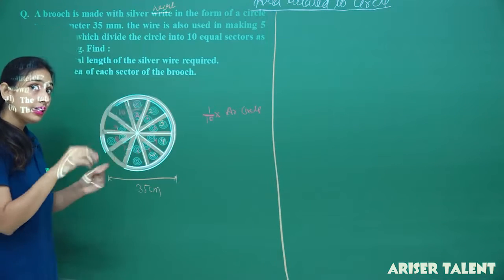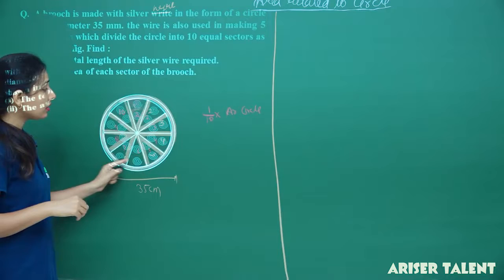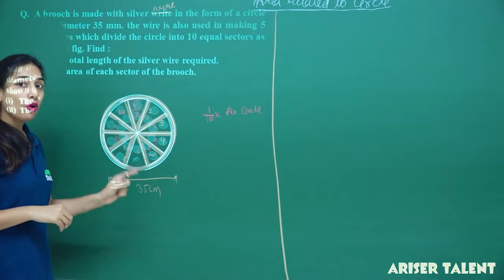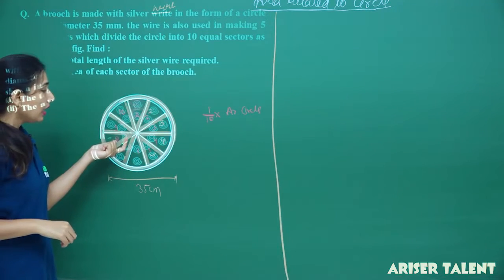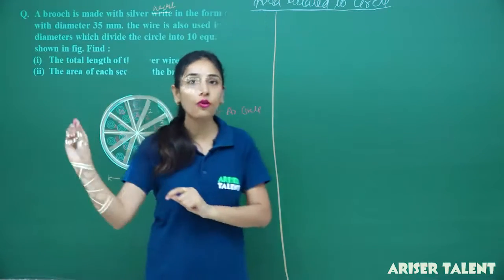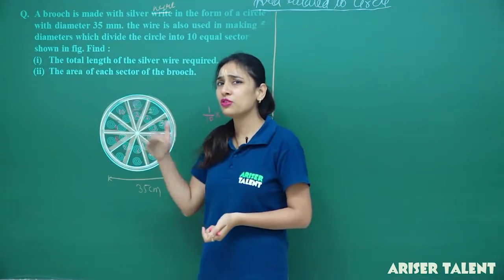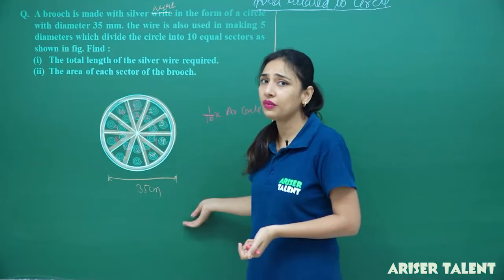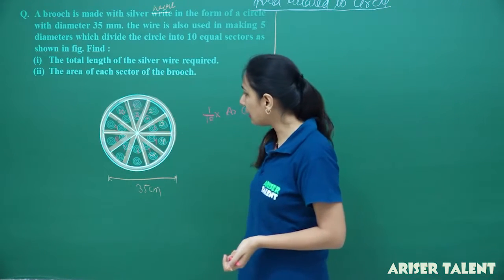And all the areas of these sectors will be equal. So can I just use this formula? Basically, I have another formula, but in this case this is simple, so why go to that process? We have a simple process here, so we'll do it like that only.